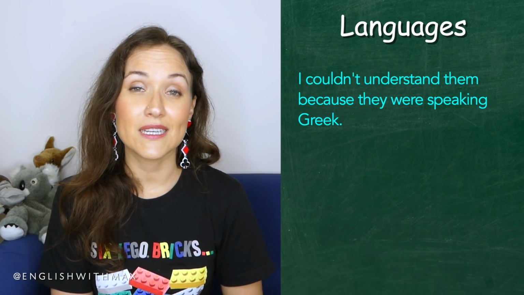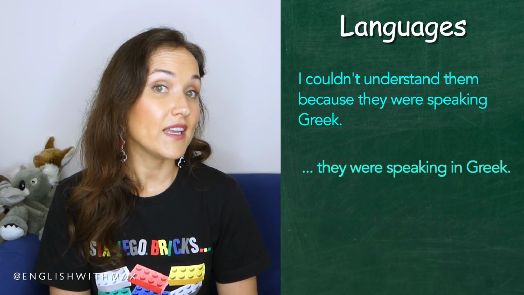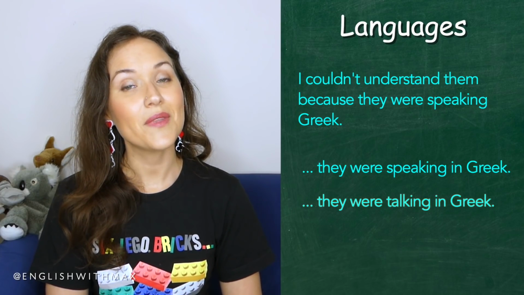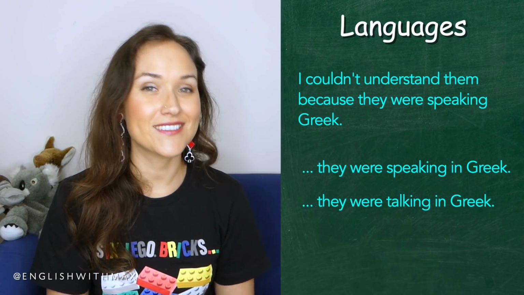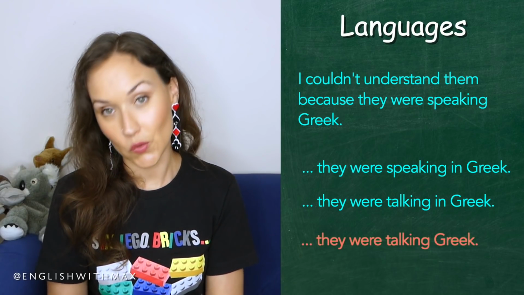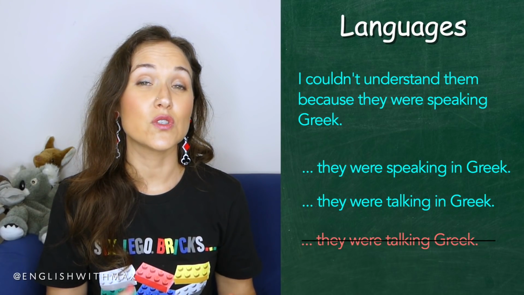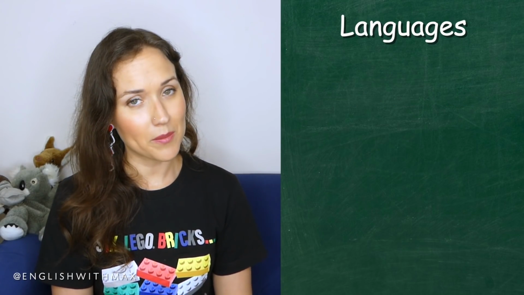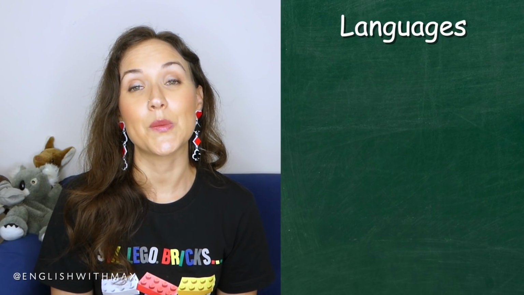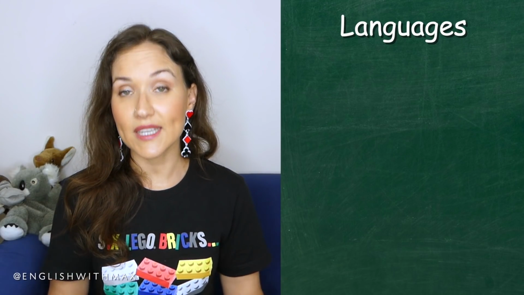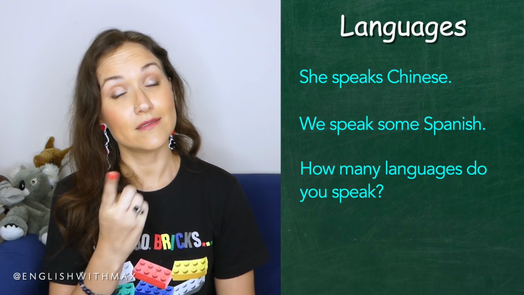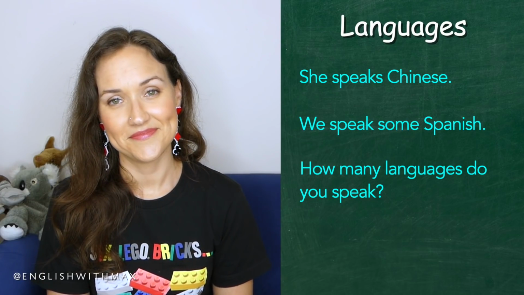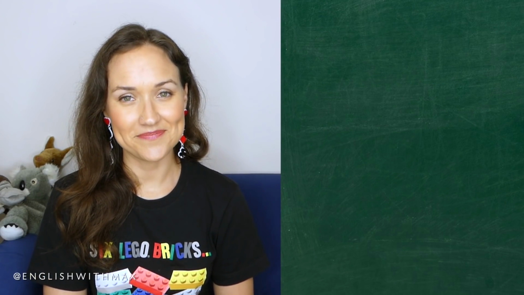Here you could also say they were speaking in Greek, or they were talking in Greek. But you can't say they were talking Greek. If you use talk for a language, you need in. And remember, if we're talking about somebody's ability to communicate in a language, like in these sentences here, we use speak.